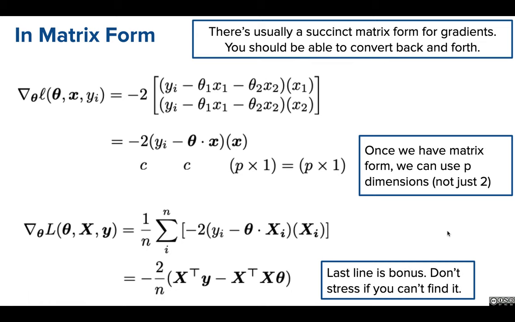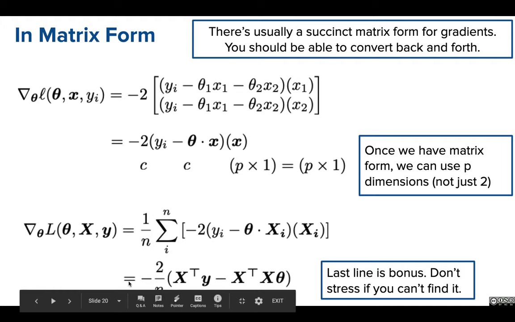But you should be able to prove to yourself and also demonstrate that the formulation on the bottom here is the same as the formulation on the top for a matrix instead of a vector. So if I ask you to work backwards, you should be able to work backwards, but you don't have to worry too much about going forward. So you don't have to worry about going from here to here, but you should be able to go from here and show that this right here matches the loss for a single point up here.